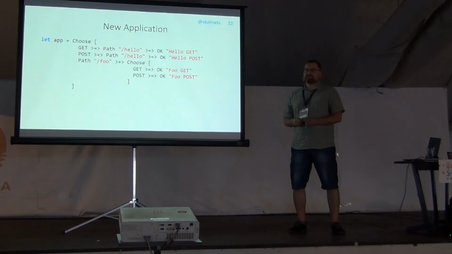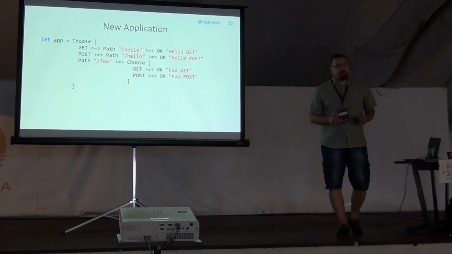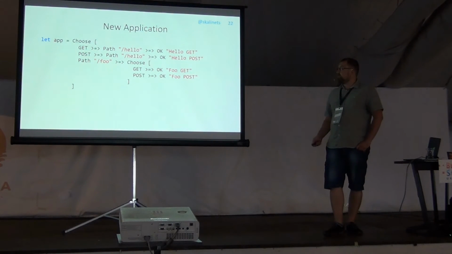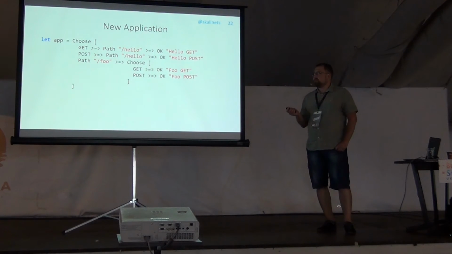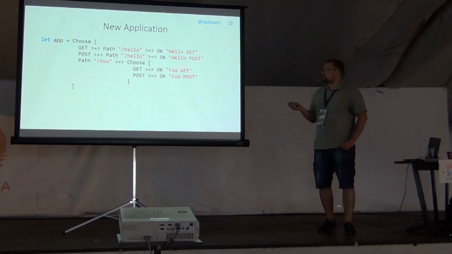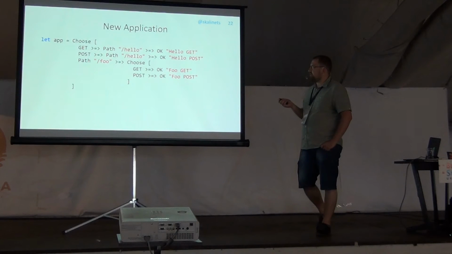And using these building blocks, we can create a routing and we can set up complex rules. So for example, in this case, we set up the get and post for hello. And in each case, it will return different responses. So it will say that in this case, it's just hello get, and in this, hello post.